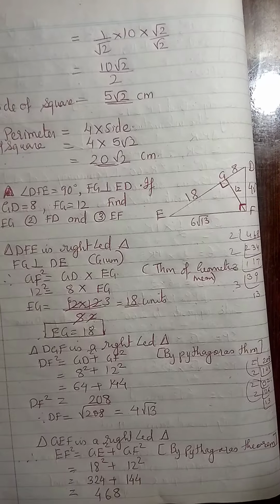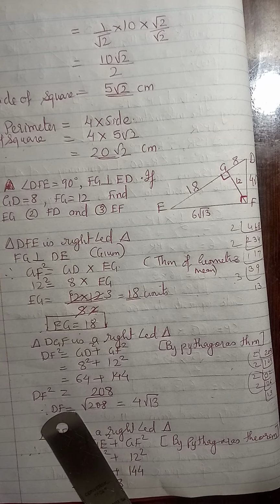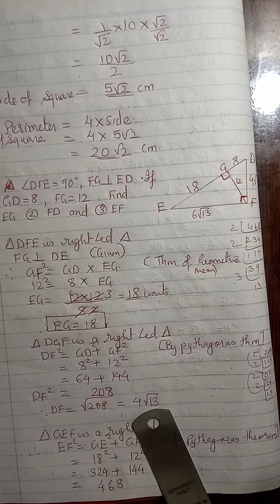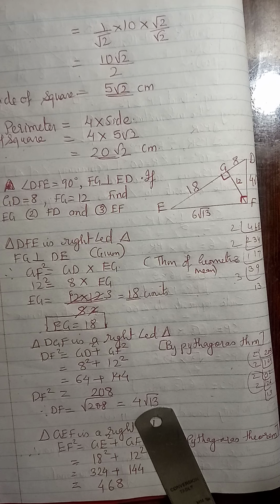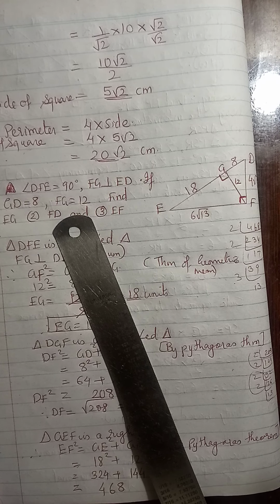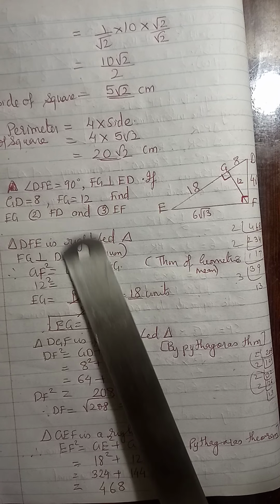Together it becomes 208. By taking the square roots, DF equals square root of 208, which is nothing but 4 root 13. Thus we got another side, DF, 4 root 13.